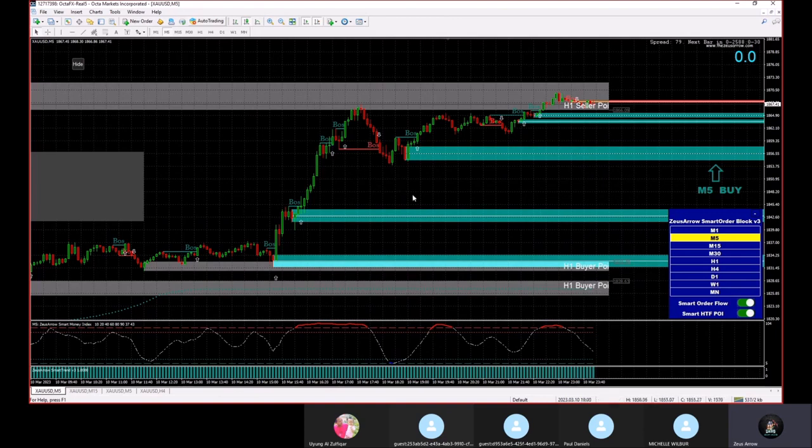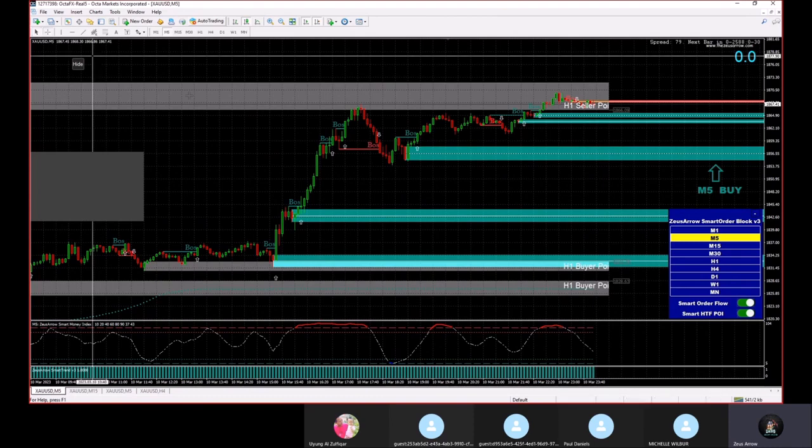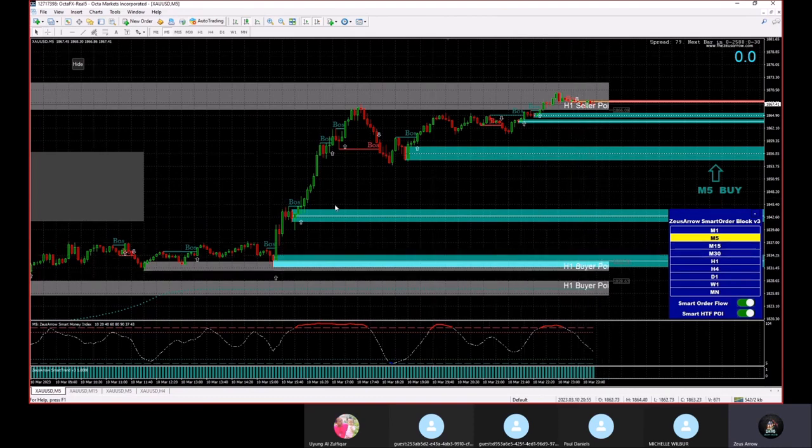If the price is ranging, look for the nearest H1 seller or buyer POI, and you will see that by the time we reach the New York session, the price will try to retest these areas. If you can catch a setup as close as possible to these areas, you have a very high quality setup, because you have the backing of a higher time frame.